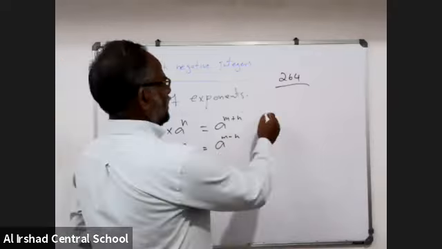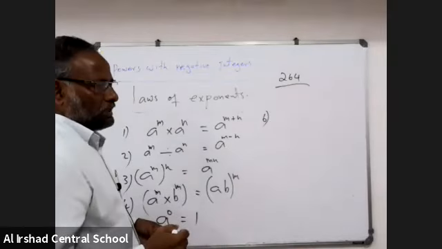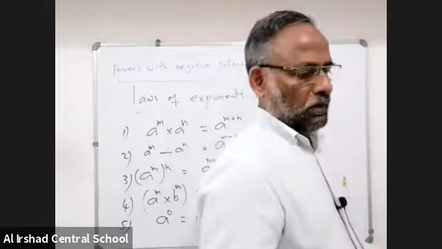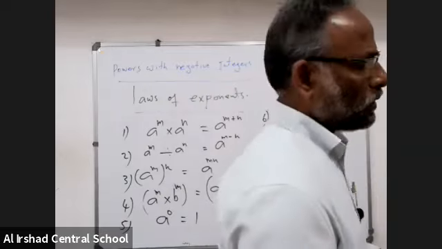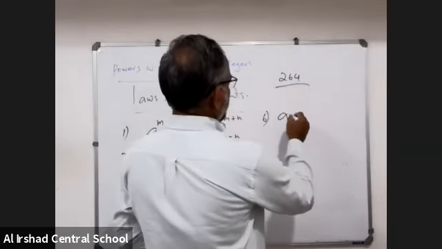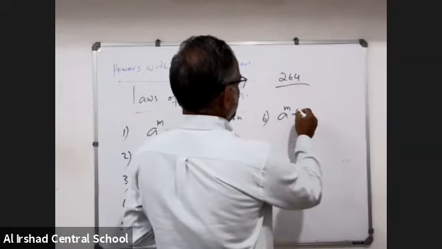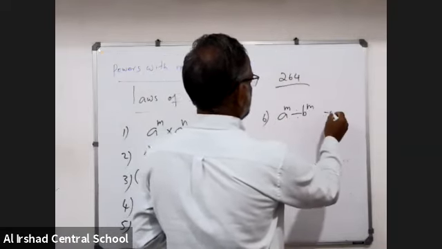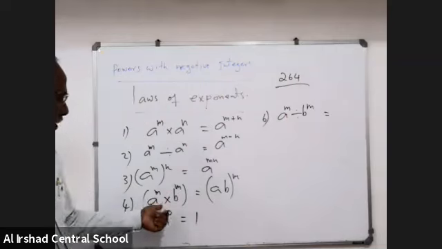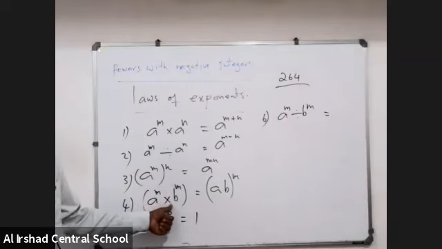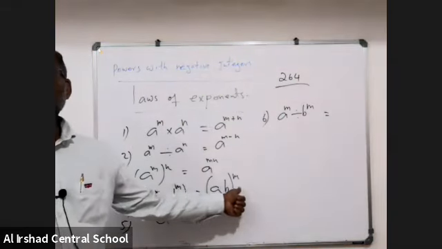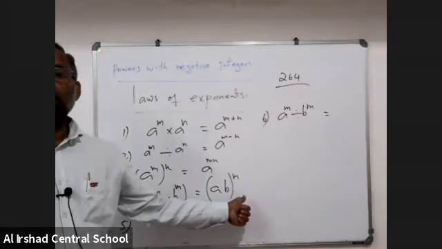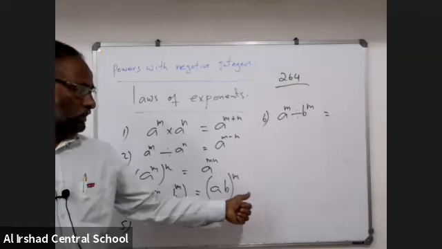Then sixth one, last but not the least, that is about the division. That is a raised to m divided by b raised to m. Here we saw a raised to m into b raised to m, that is ab to the power of m.